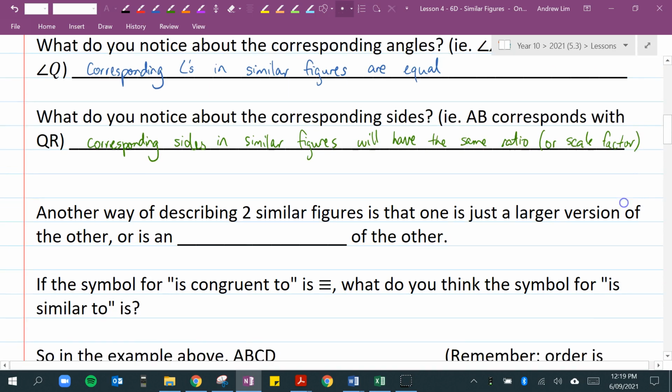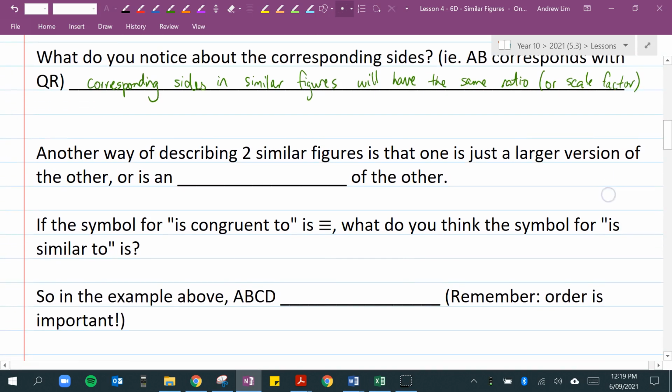Now, another way of describing two similar figures is that one is just a larger version of the other, or is an enlargement of the other. If the symbol for is congruent to is three horizontal lines, what do you think the symbol for is similar to is?